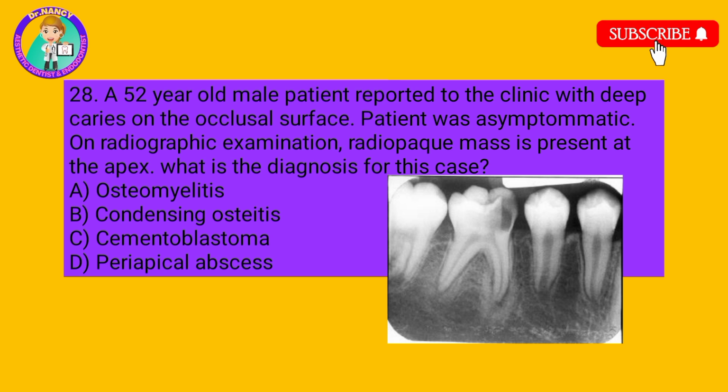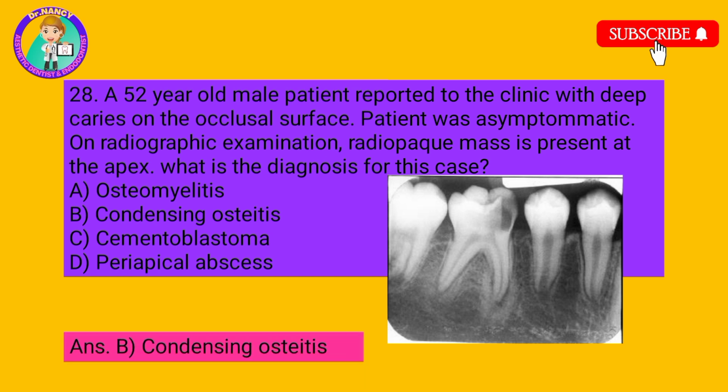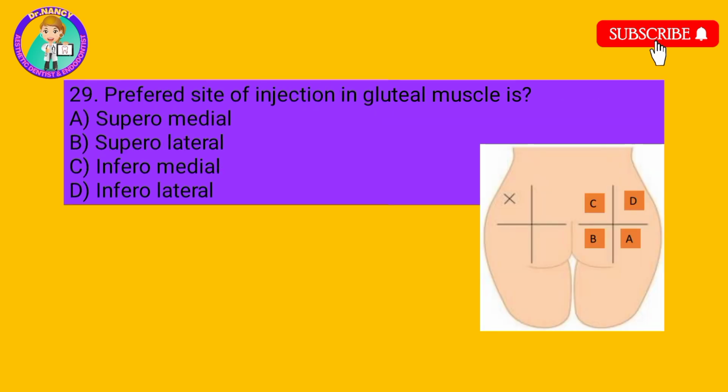On radiographic examination, radiopaque mass is present at the apex. What is the diagnosis for this case? Osteomyelitis, condensing osteitis, cementoblastoma, periapical abscess. Answer: condensing osteitis. Preferred site of injection in gluteal muscle is supromedial, supralateral, inframedial, infralateral. Answer: supralateral.